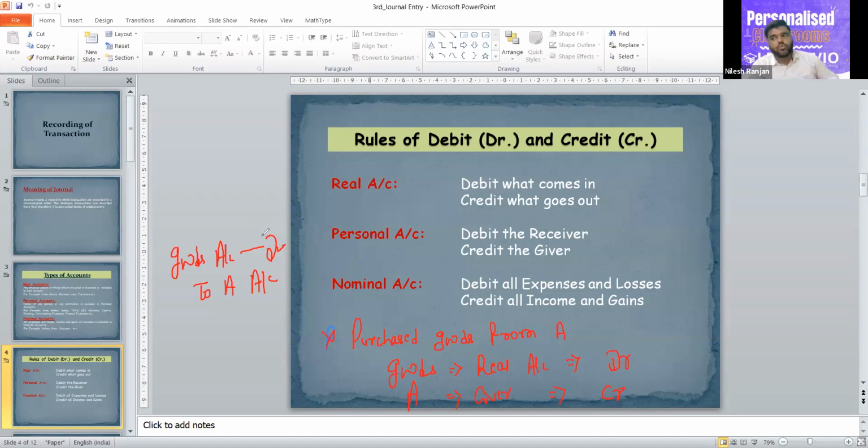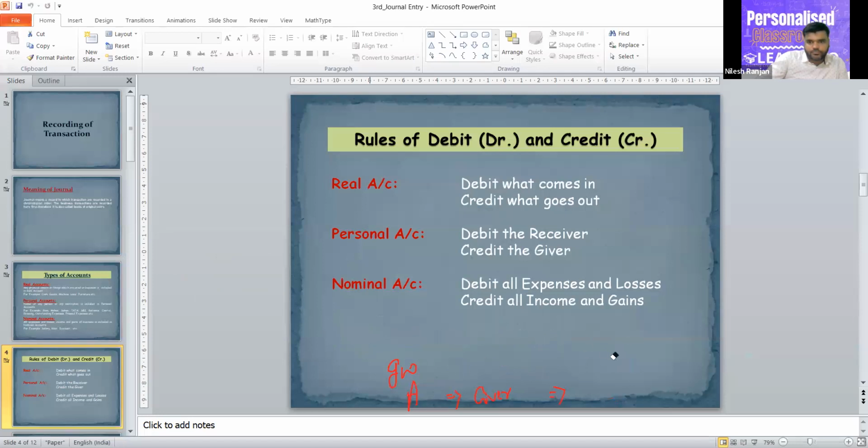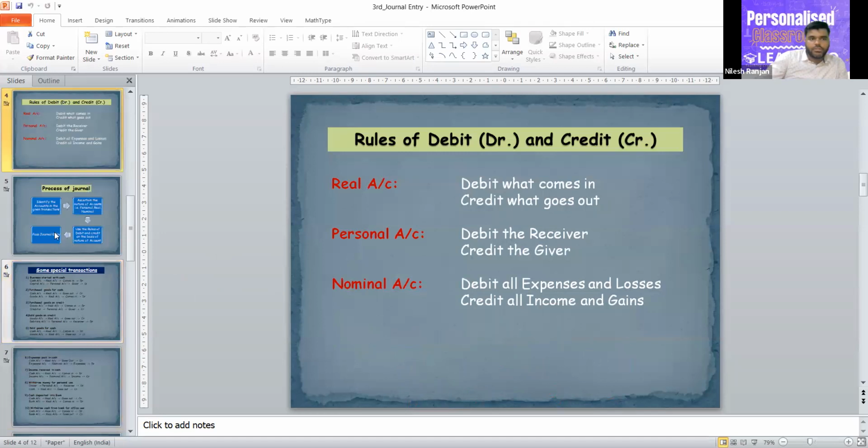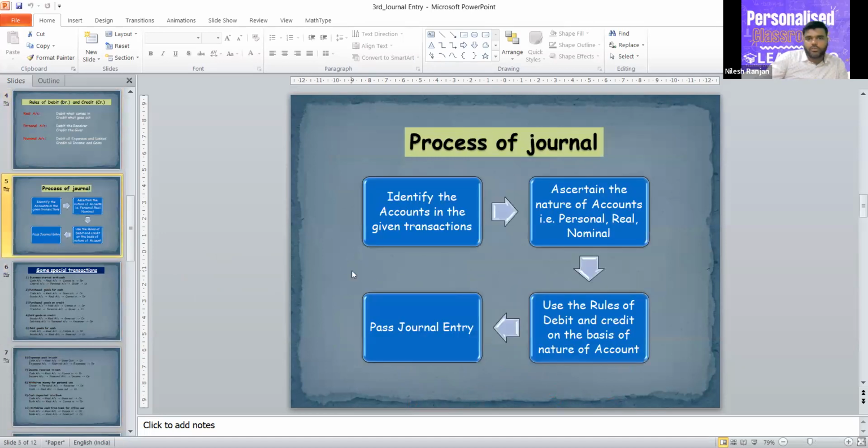So first of all, you have to see any transaction. This is the process I'm talking about.